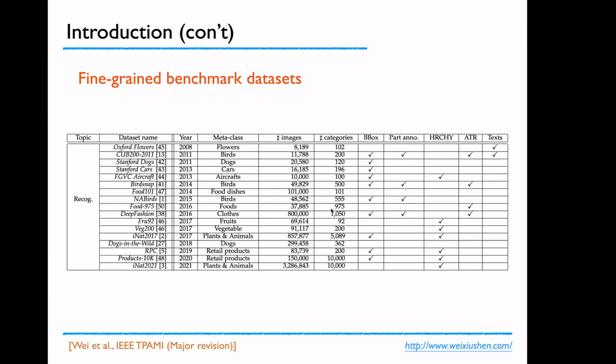Beyond those earlier benchmark datasets, in recent years, more challenging and practical fine-grained datasets have been proposed. For example, iNaturalist, which contains different species of plants and animals, and also our proposed RPC for retail products.